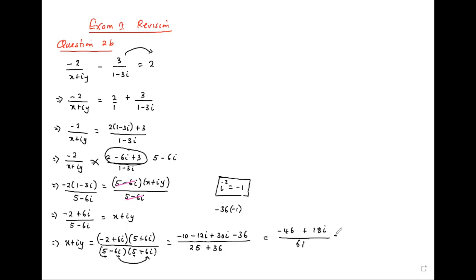This means that we have negative 46 over 61 plus 18 over 61 i. Since on the left we have x plus iy and on the right the real plus the imaginary, x is the real part, negative 46 over 61, and y is the imaginary part, 18 over 61.